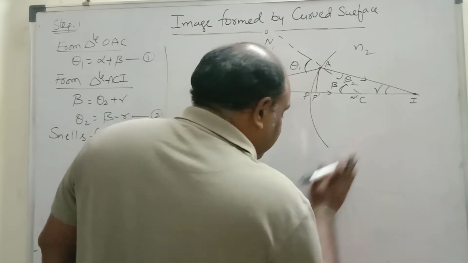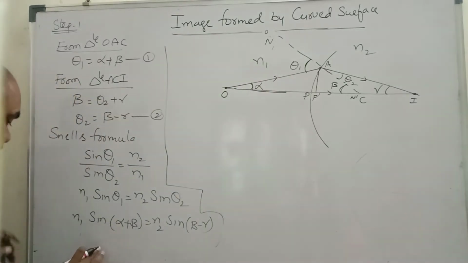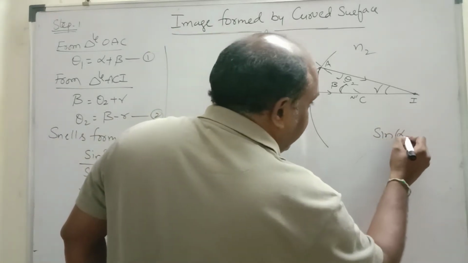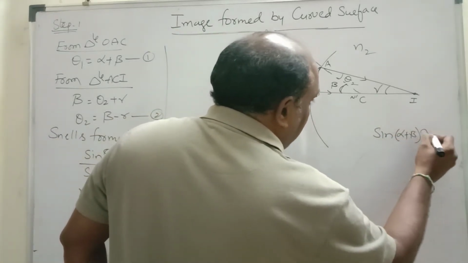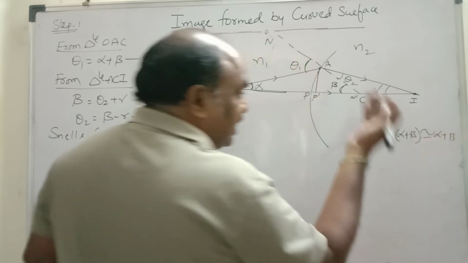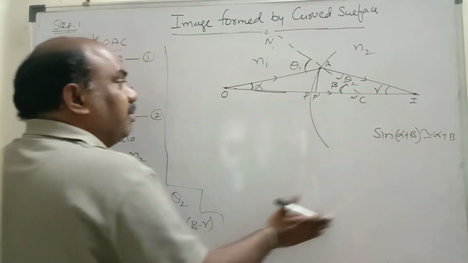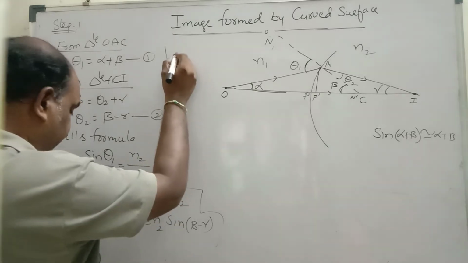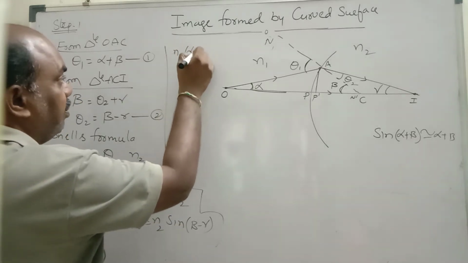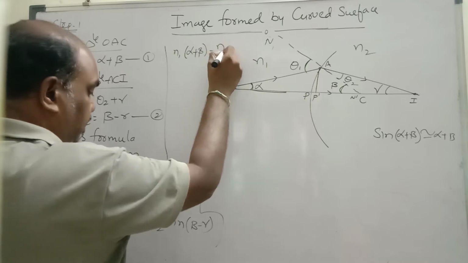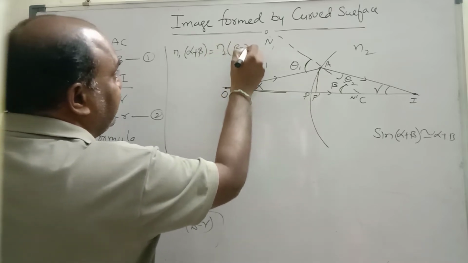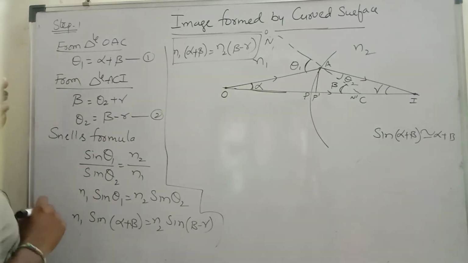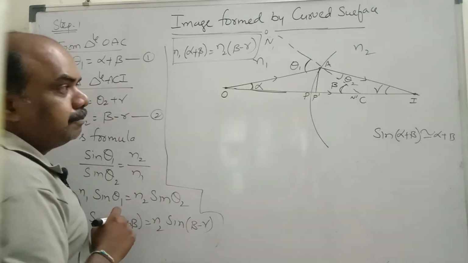So sin of (alpha plus beta) is almost equal to alpha plus beta. So you can eliminate sin. Right, here n1 into (alpha plus beta) is equal to n2 into (beta minus gamma). This relation we got.